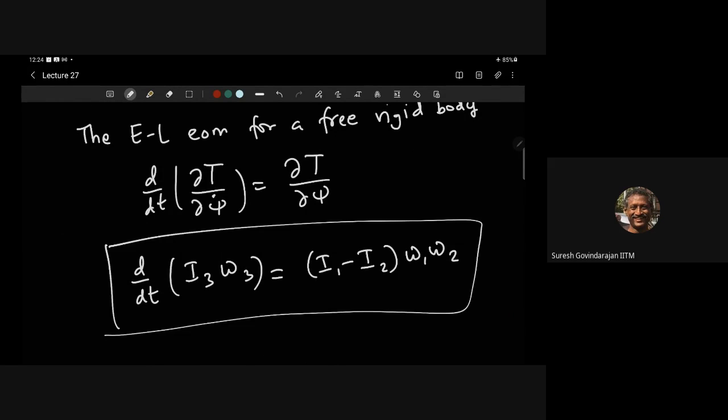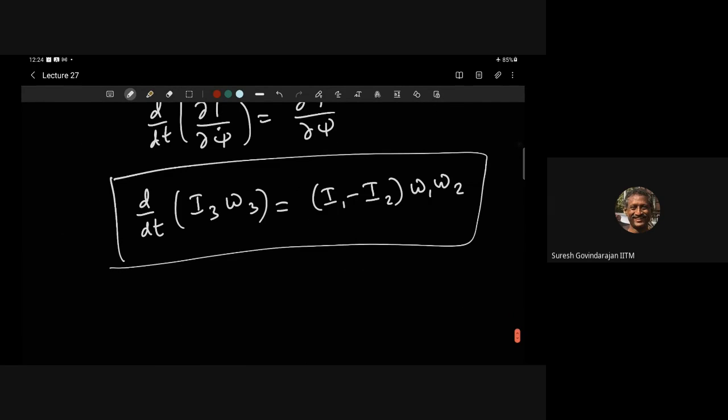Now you might ask how we get the other equations. We could go ahead and take derivatives with respect to phi and theta, but there is something very cute here. At least one of these Euler-Lagrange equations has been rewritten in terms of the diagonal components of I and the omegas. We can easily guess the others: replace 3 with 1, 1 with 2, and 2 with 3.